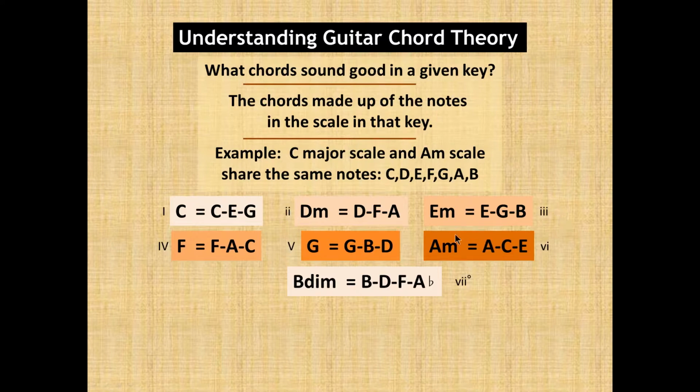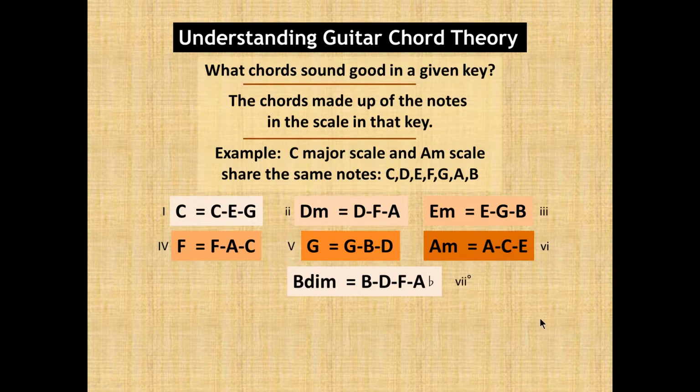Minor chord, lowercase. Major chord, uppercase. This is the 4. This is the 5, also a major chord, and the 6 is another minor chord. So these chords are going to be very common in a song that's played in the key of C.